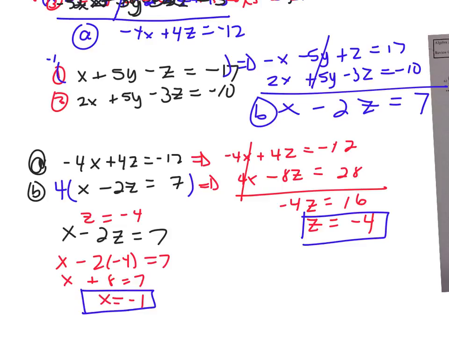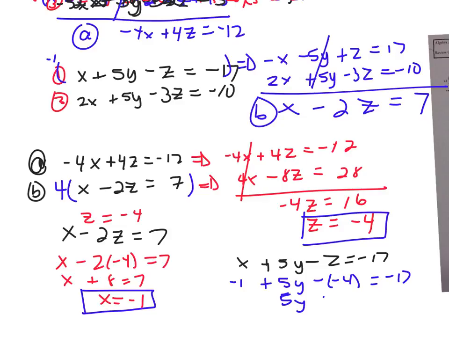The last thing is I need to find my y value. So I have to plug it back into one of the originals. I'm going to plug it into x plus 5y minus z equals negative 17. So x is negative 1 plus 5y minus z, which is negative 4, equals negative 17. This actually becomes positive 4. So it's negative 1 plus 4 is positive 3, sorry.